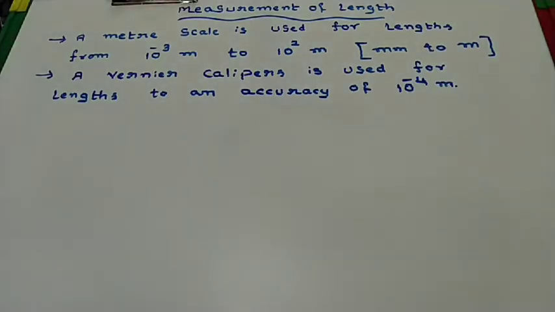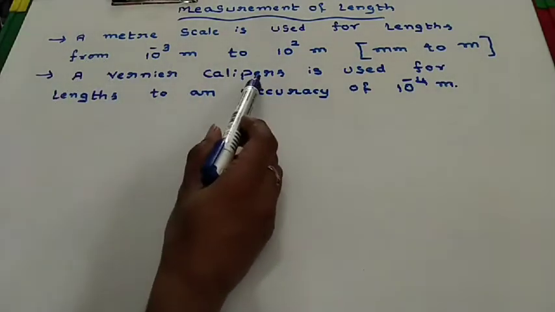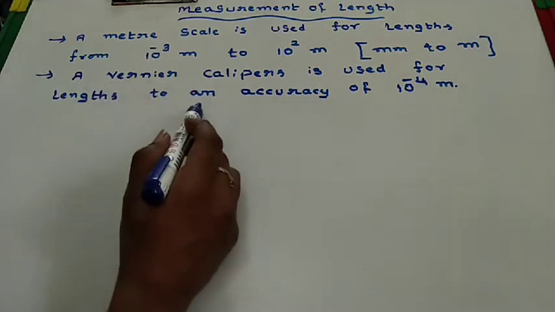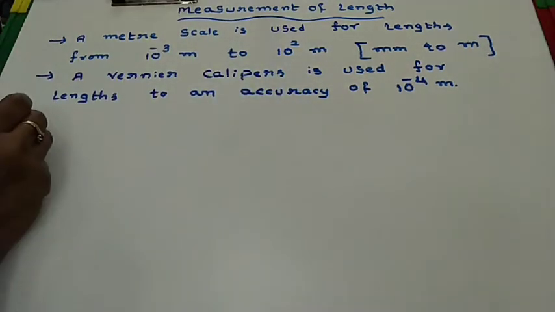My dear students, once again I am repeating this point. A vernier calipers is used for length to an accuracy of 10 to the power of minus 4 meter.